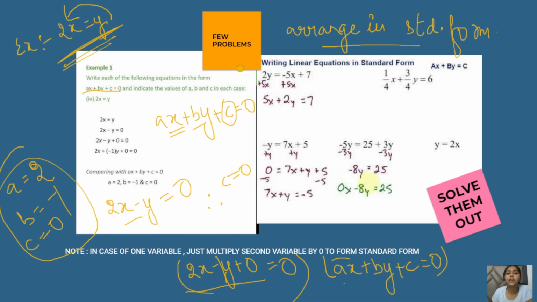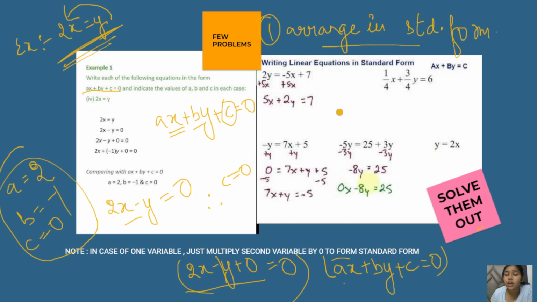You just have to solve this example, right? So your example is 2y equals minus 5x plus 7. What is our first step, guys? You just have to arrange it in standard form. You have to put all the variables and the constant on the left side of the equation so that it will become like a standard form.